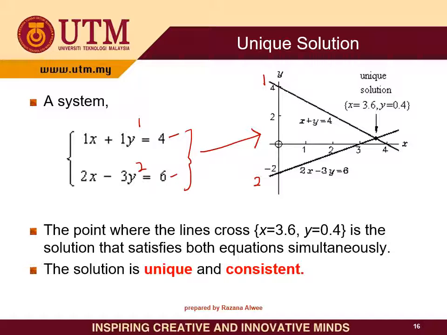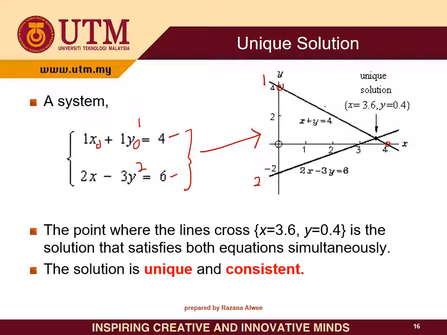How do we get this line? If you put y as 0, x equals 4, so this is x. If we put x as 0, y equals 4, this is y. So this is the line.